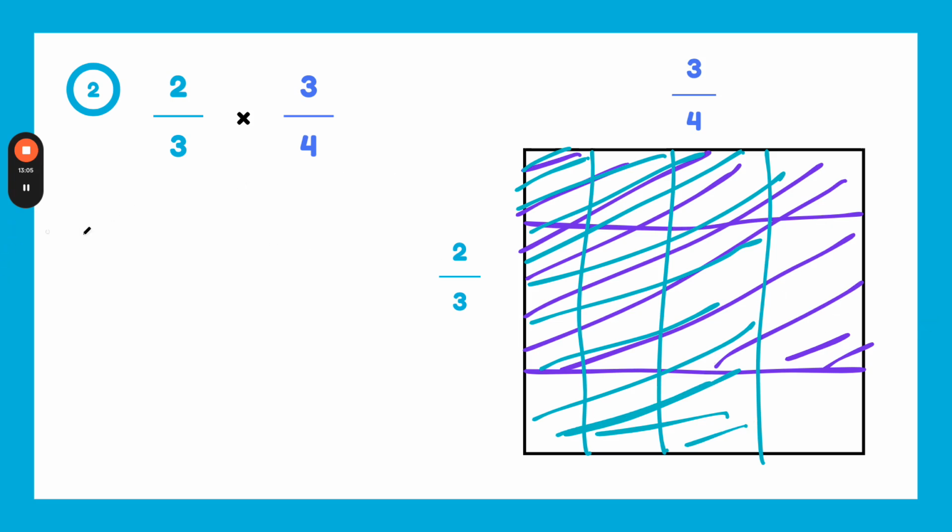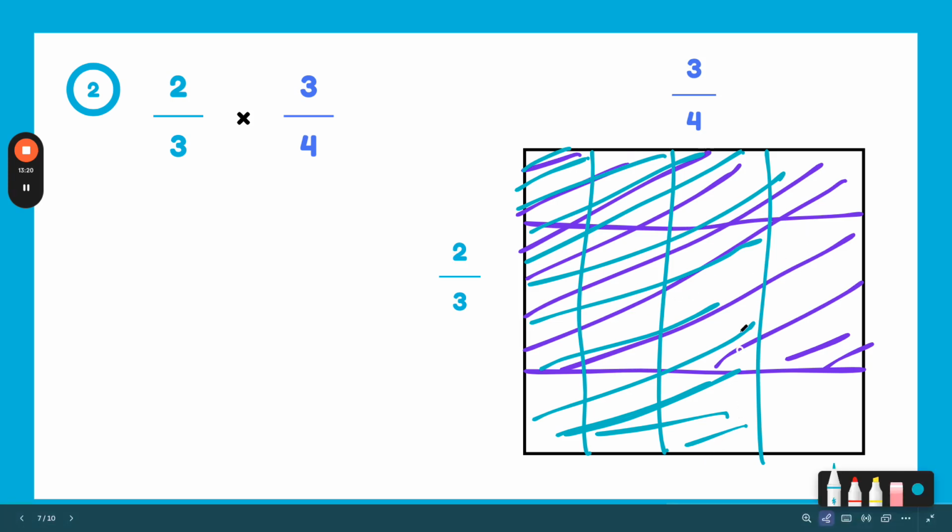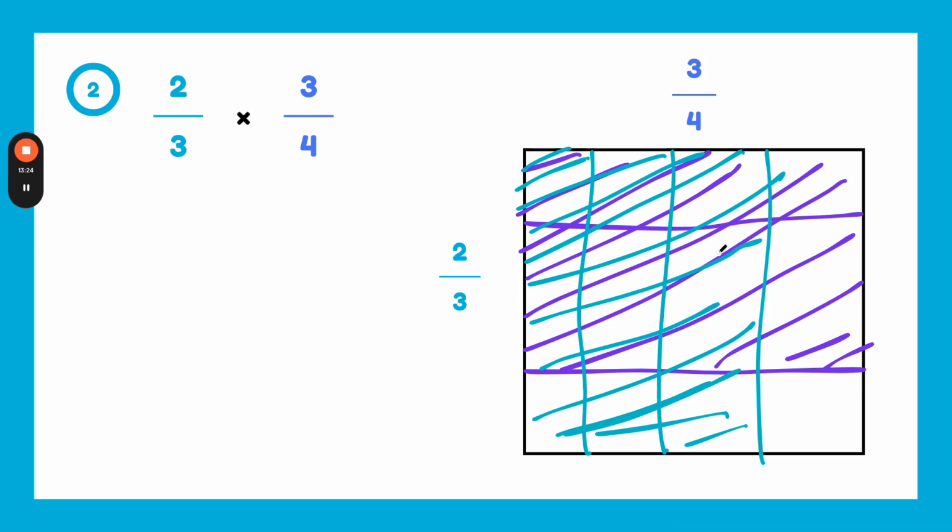Okay, so with the same idea, to represent the multiplication of 2/3 and 3/4, we're looking for how many pieces have both a purple and blue shading, i.e. where they both overlap. So there's 1, 2, 3, 4, 5, 6.